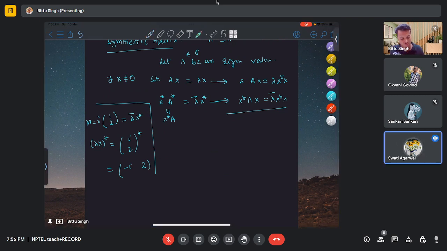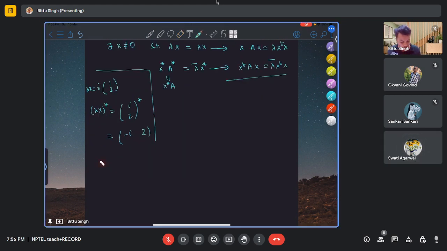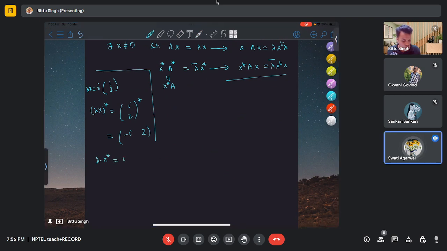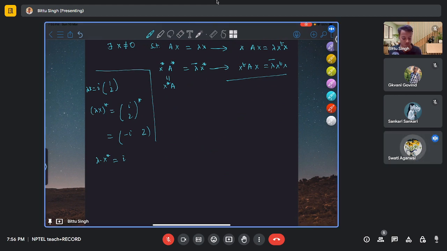Okay. Yeah, I'll try to understand. Please go ahead. Okay. Let us do what is lambda times x star. So, sir, we are trying to prove that for a symmetric matrix, lambda is always real, right? Yes. That's what we're trying to prove.